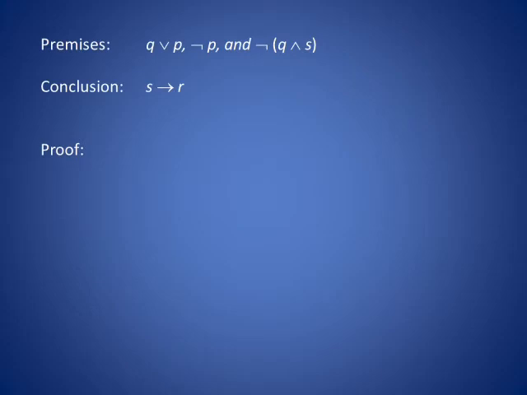Now let's look back at our premises. The final premise is the negation of the conjunction of Q and S. That's another one that can be confusing in that form, but we know through the De Morgan equivalence rule that the negation of the conjunction of Q and S could be thought of as either Q is false or S is false.